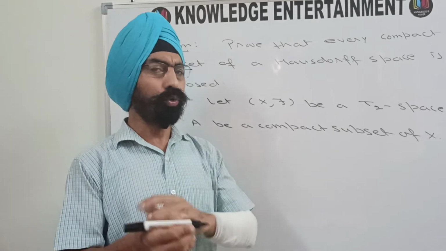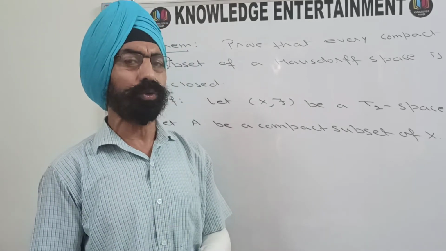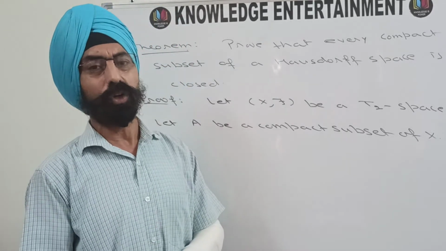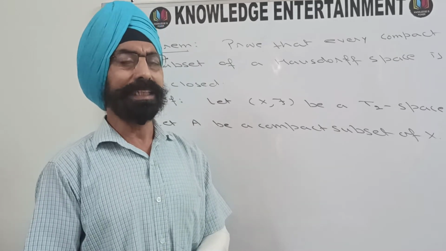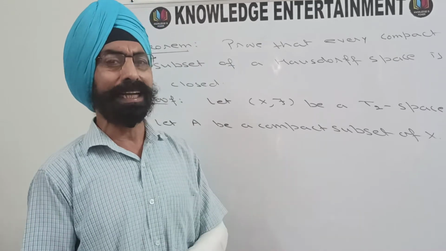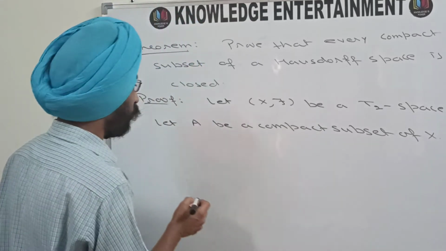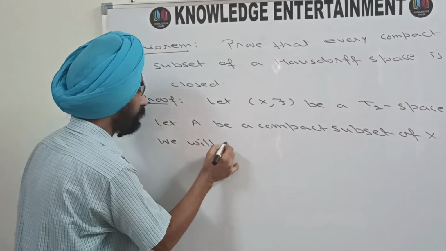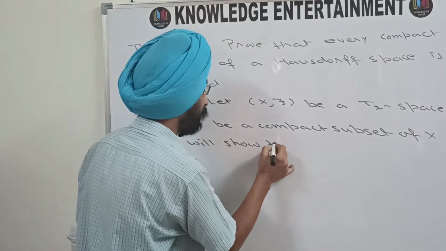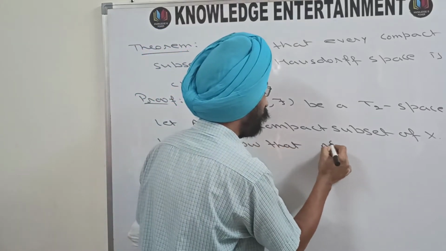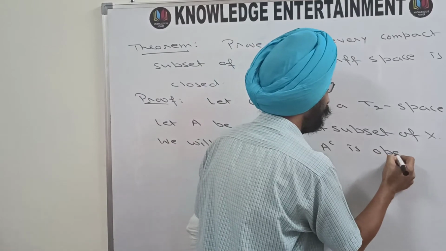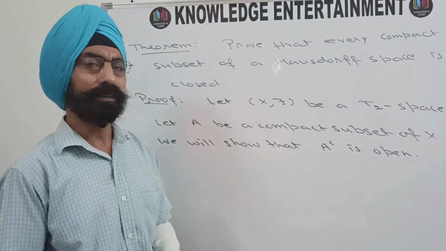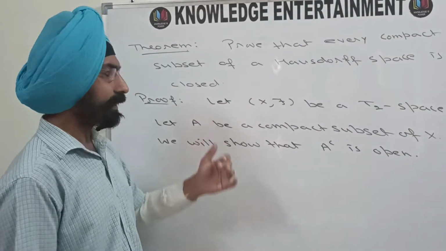To prove that A is closed, it is sufficient to show that its complement is open, and that is easier for us to prove. So we will show that the complement of A is open, and the complement of A being open will clearly imply that A is closed.